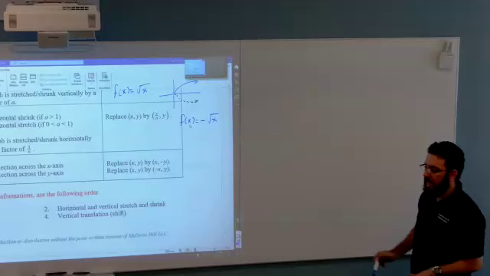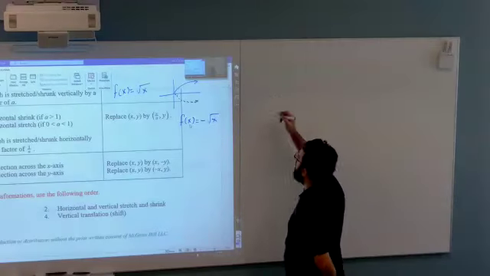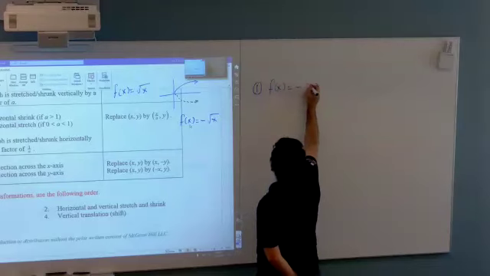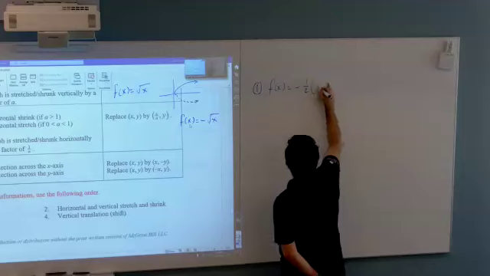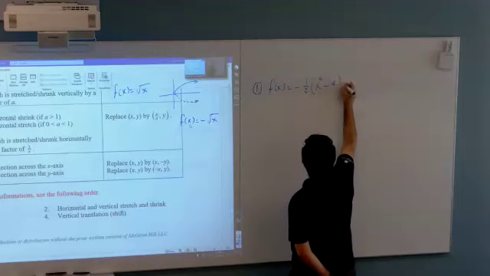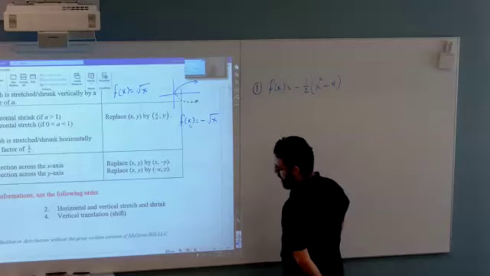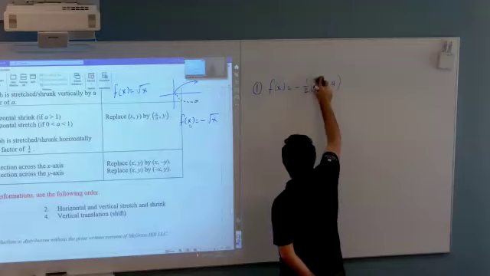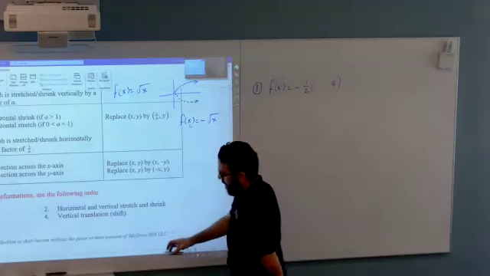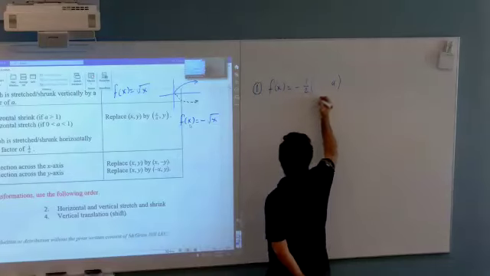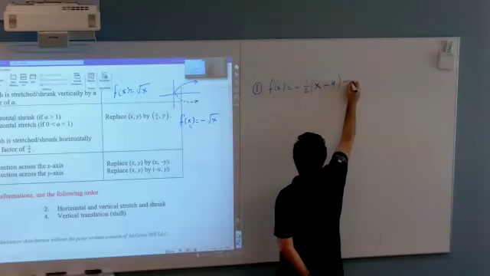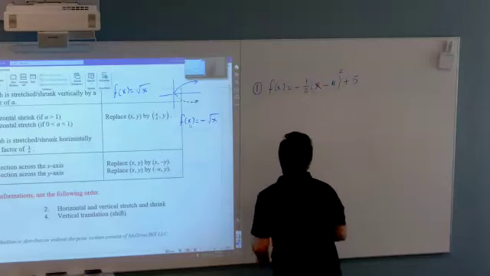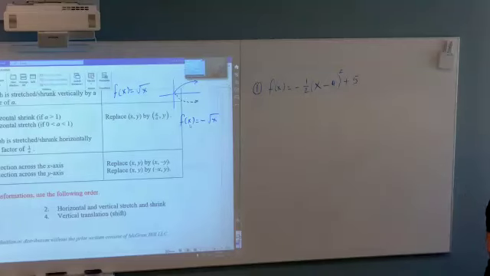I'm not going to stick with the example they have. Let's do several examples. Negative half x squared minus 4, x minus 4 plus 5. Now tell me, how many transitions do we have?